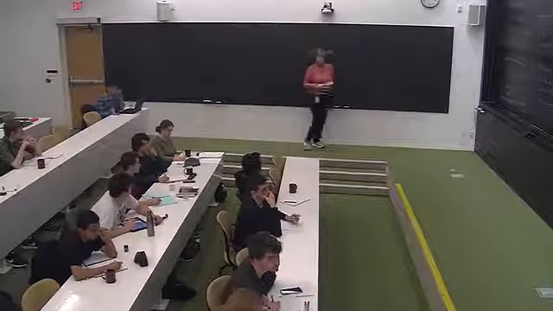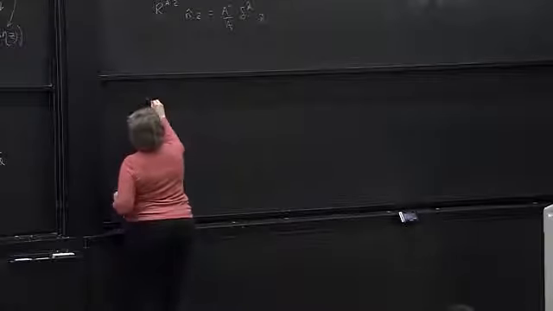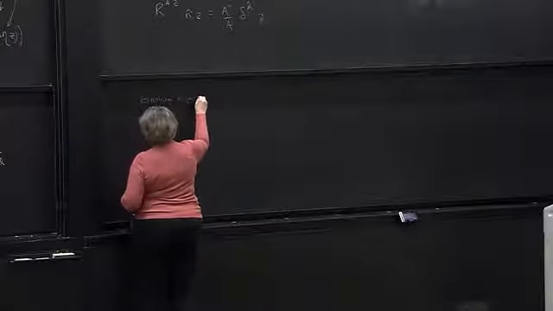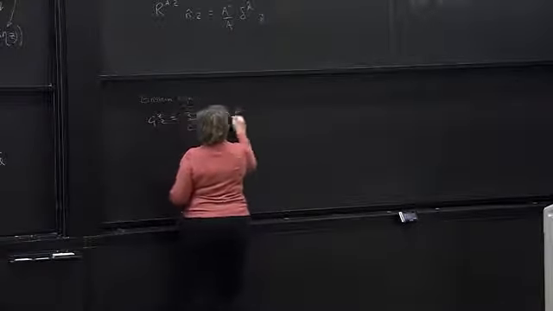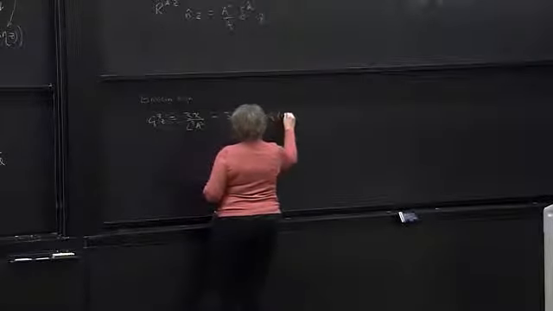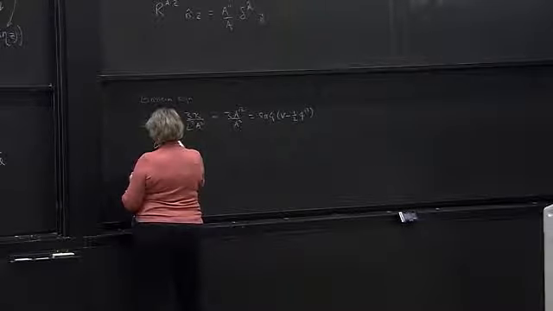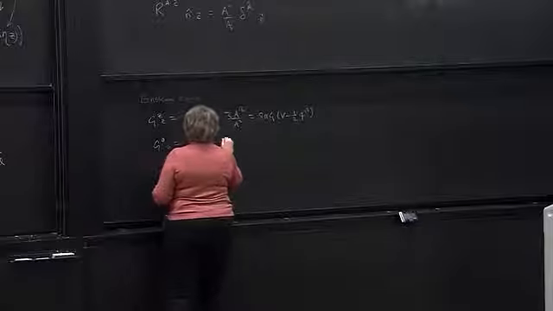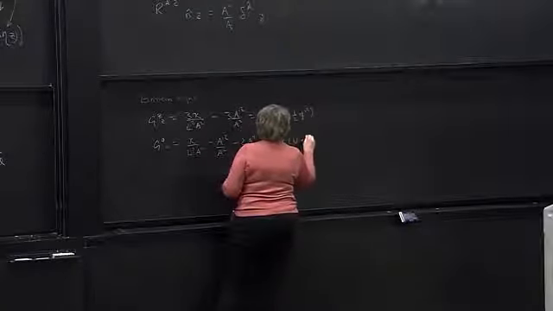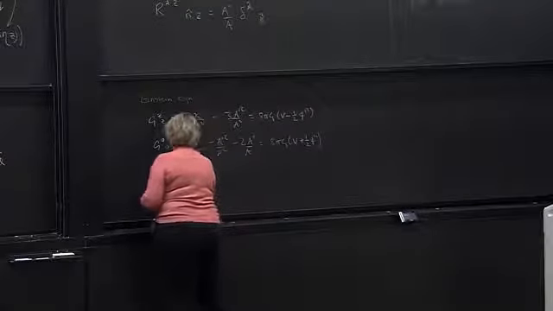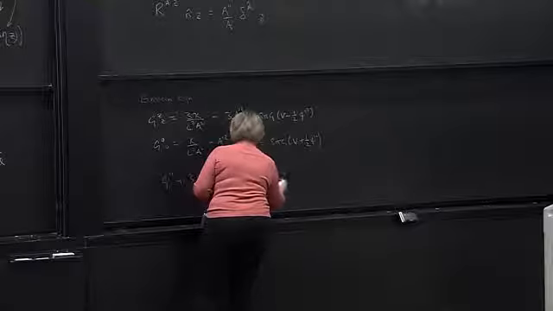And if kappa was minus 1, then it would be anti-de Sitter space.